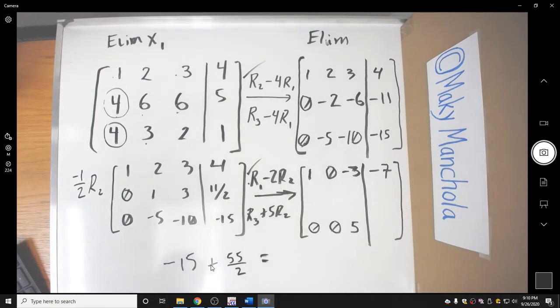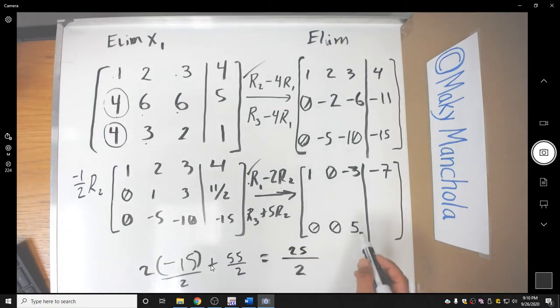Here I'm going to get negative 30, because the denominators need to be the same. So we get negative 30 plus 55 over 2. So 55 minus 30 is 25. So we end up with 25 over 2.